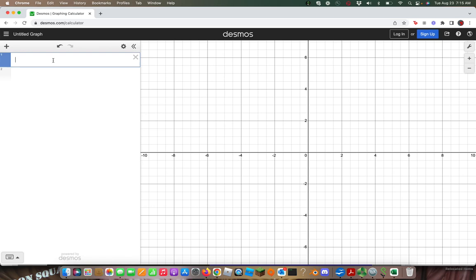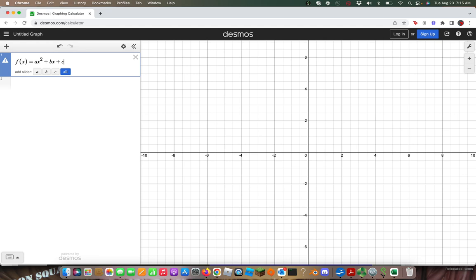So remember, we're looking at quadratic functions, so our functions look like f of x equals a times x squared plus b times x plus c. Now, of course, I haven't told Desmos what a, b, and c are.